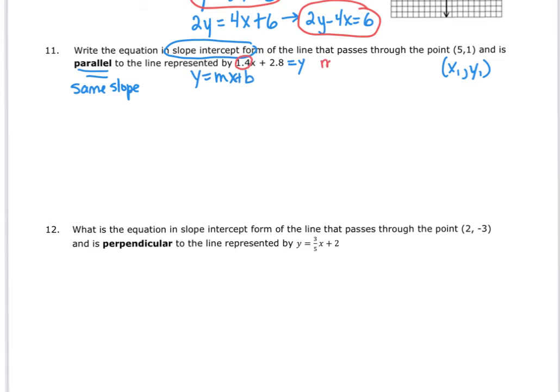So the slope of this line is 1.4, and if the line is parallel, then it would be the same slope.